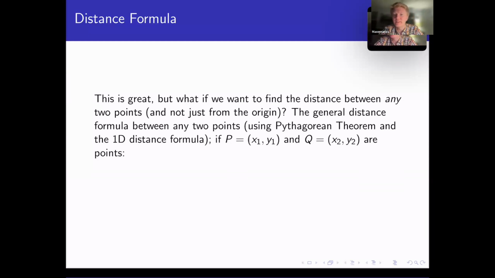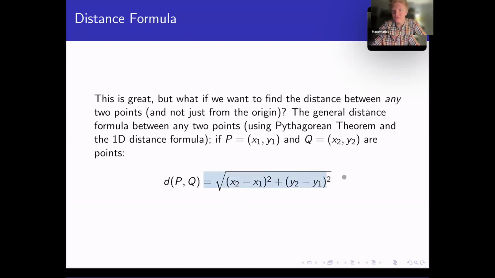If you have 2 points, x1, y1, and x2, y2, the distance between them is this right here. Now, you already see some squares. You see a square root. You also see this x2 minus x1, kind of like b minus a. So there is both the Pythagorean theorem and the distance formula we had in chapter P. So putting that all together, we get here.